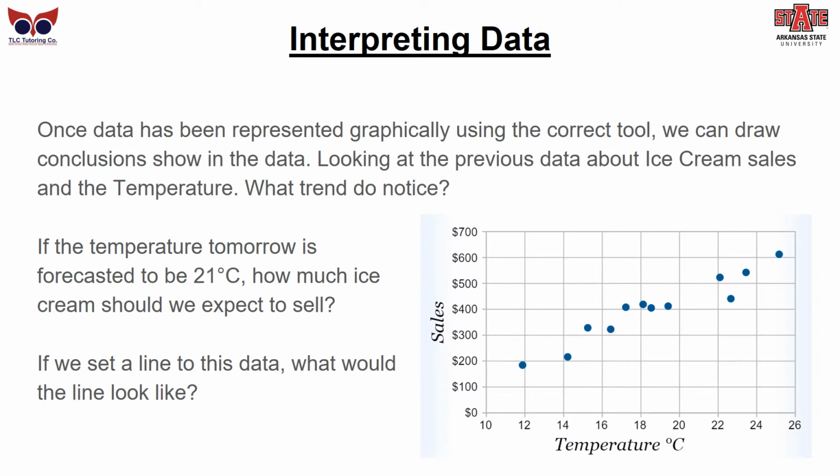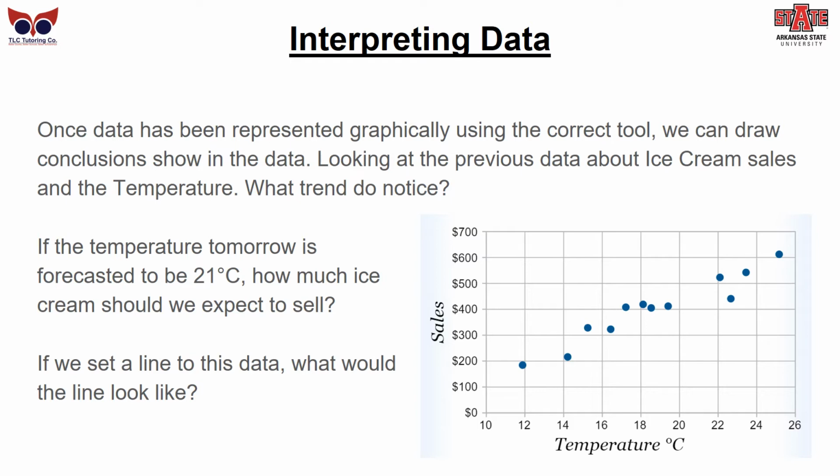Now, once the data has been represented graphically using the correct tool, you can draw some conclusions. We talked about ice cream and temperature, and what trend do you see? As we mentioned, it goes up and to the right. So let's take a look at this. If the temperature tomorrow is forecasted to be about 21 Celsius, how much ice cream should we expect to sell?